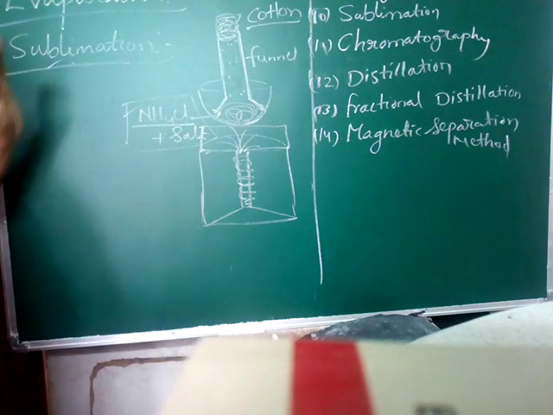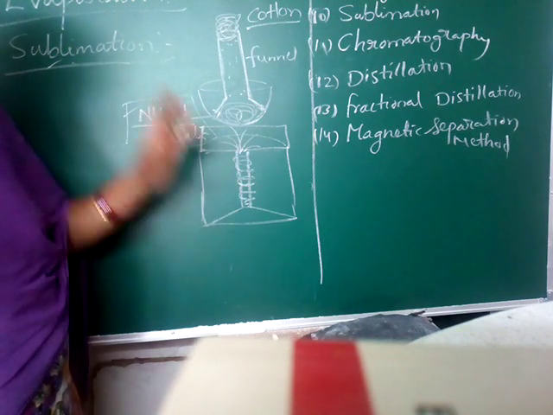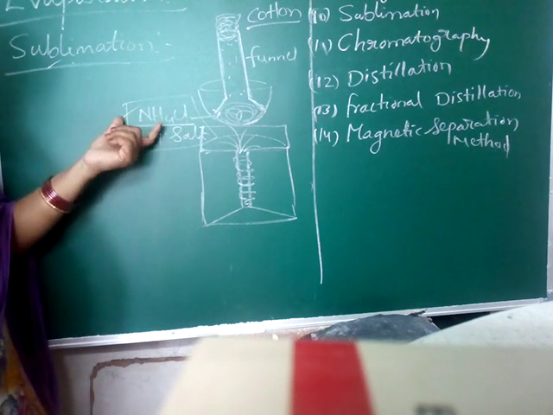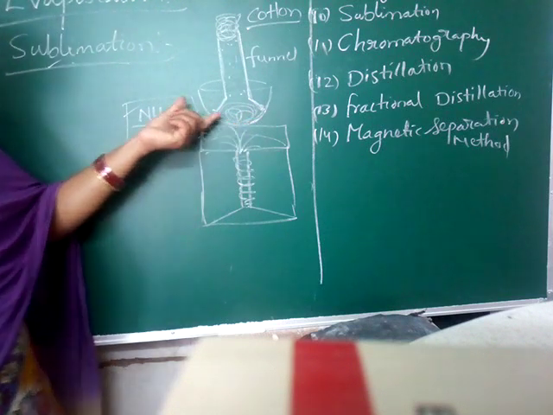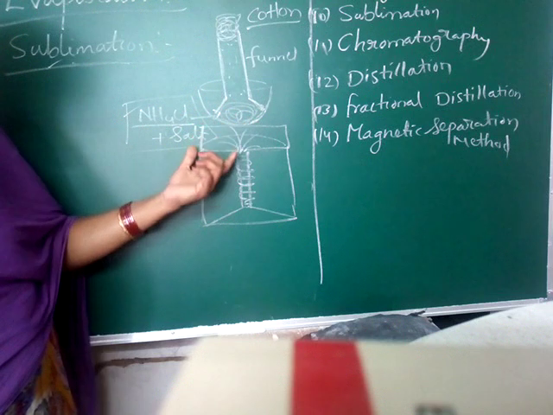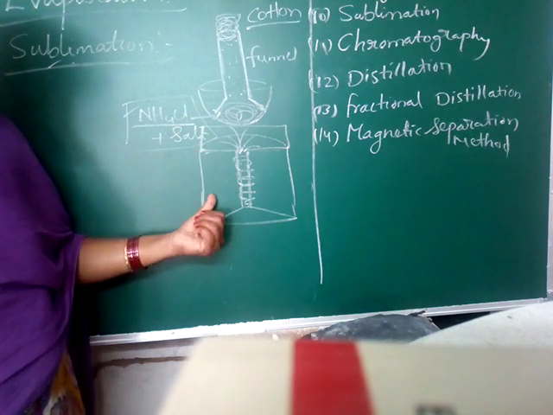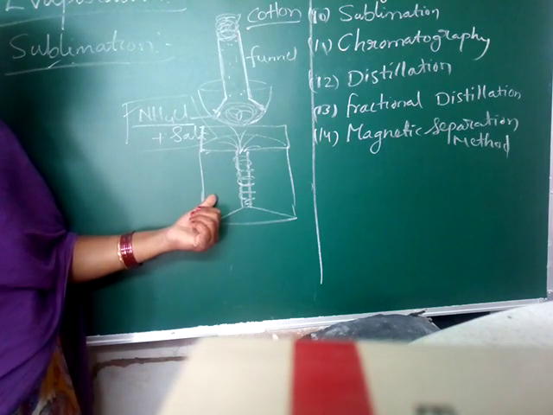You don't confuse here. For writing in your examination, it must be learned. You have to take one example for writing in the examination. Here you are taking an ammonium chloride and salt mixture in the bowl, and inverting one funnel on that mixture, then gently heating using the stove, a kerosene stove, or a wick burner can also be used here.